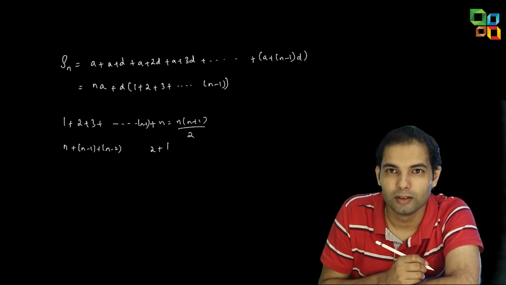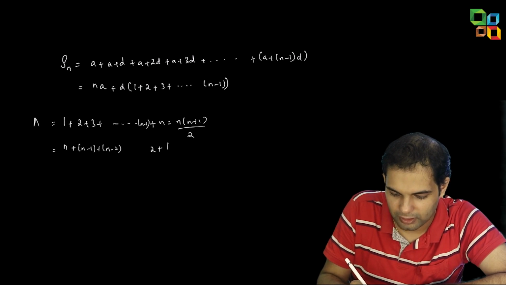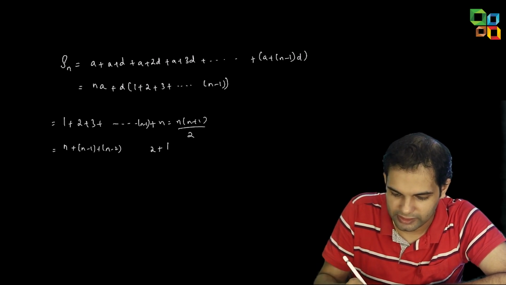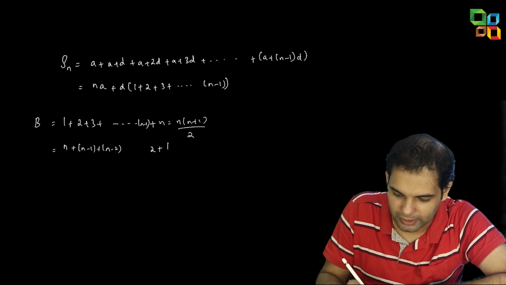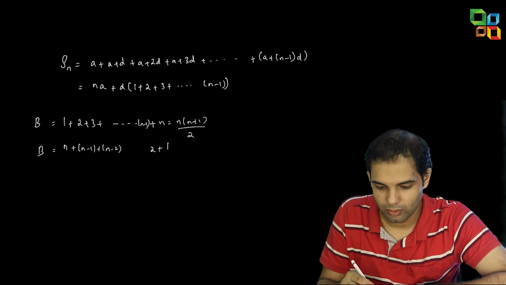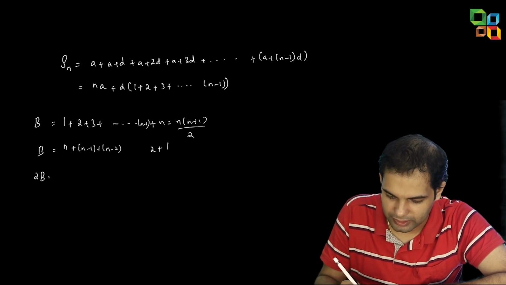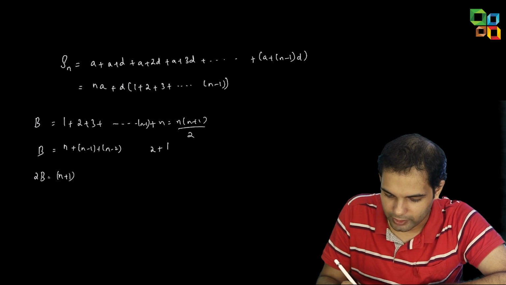So again, let me change the letter itself, no confusion. B. Doesn't matter. This is also B. I wrote in the reverse fashion. Now I'll add these 2B. Let me add these terms. First term is n plus 1.